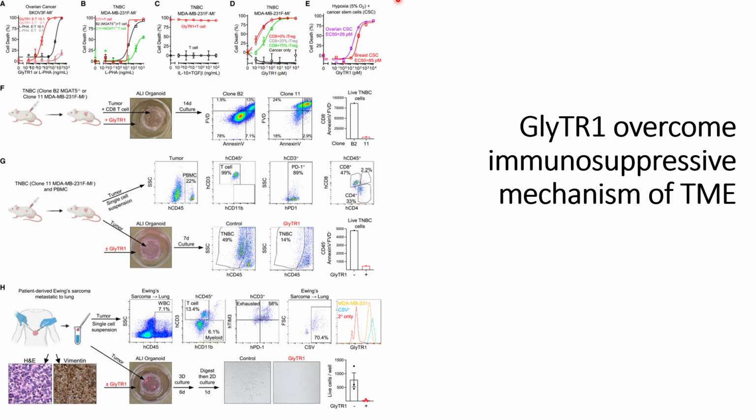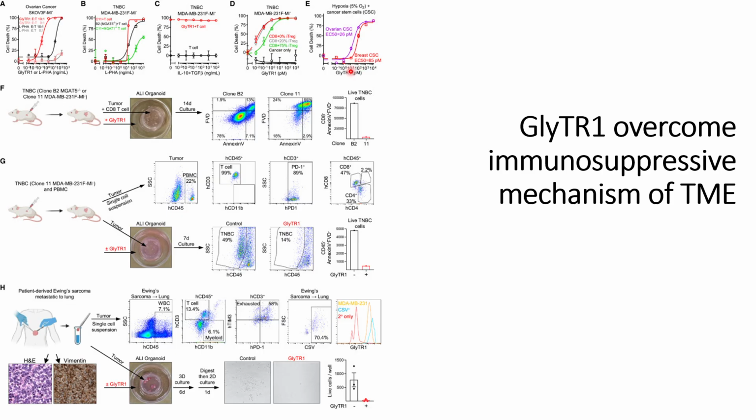And when they check the effect of hypoxia, they see that the ovarian CSCs and the breast CSCs, cancer stem cells, show cell death in hypoxia conditions, even in the presence of GlyTR1 at different concentrations.